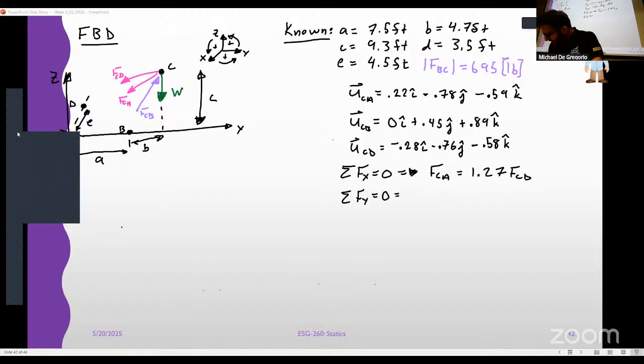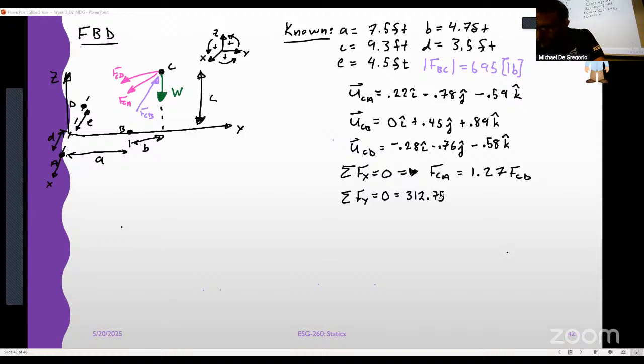All right. So first thing we're going to do is we're going to calculate the FCB portion. So 0.45 times 695 is 312.75, right? Minus 0.78 FCA, minus 0.76 FCD.